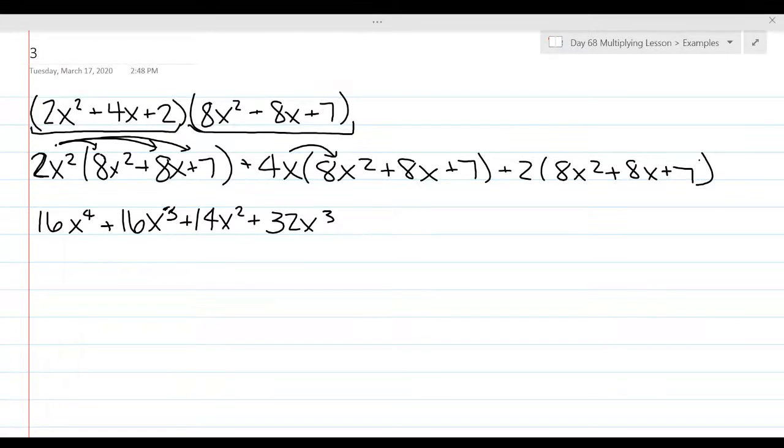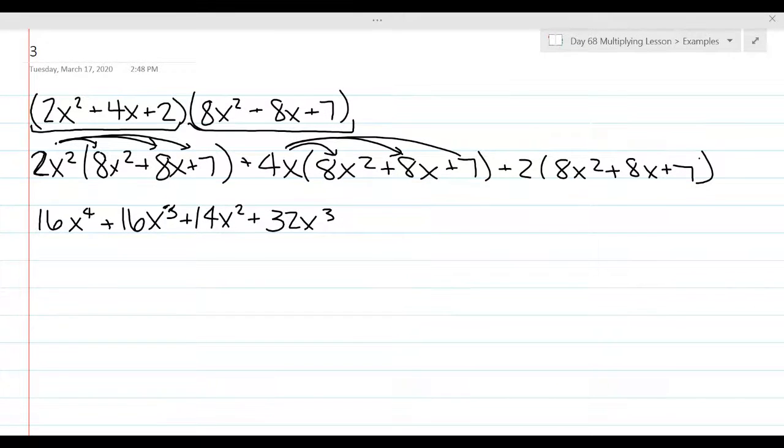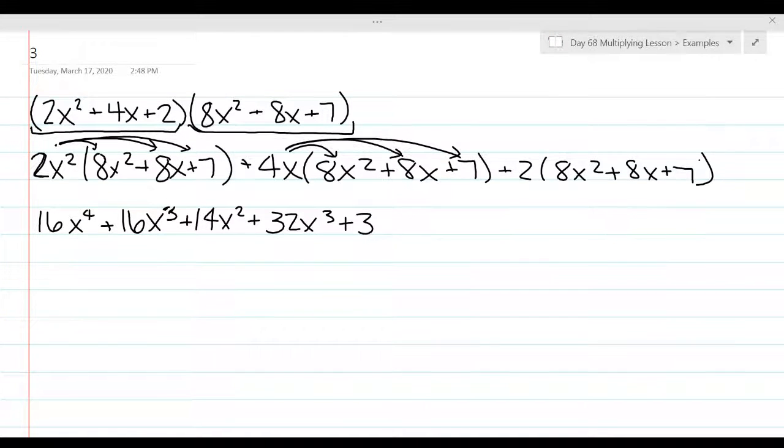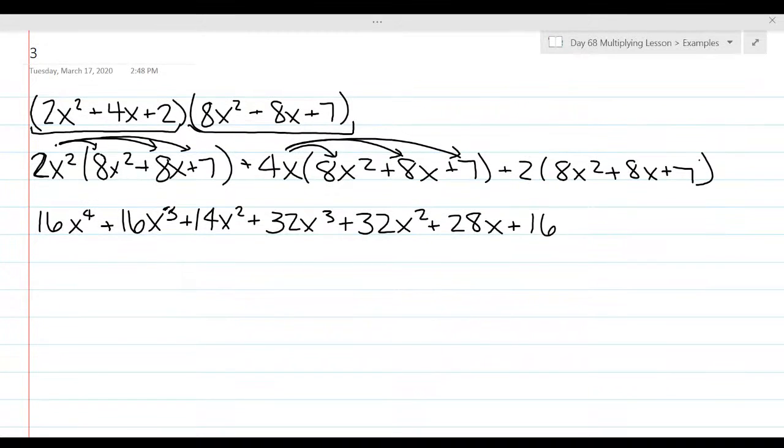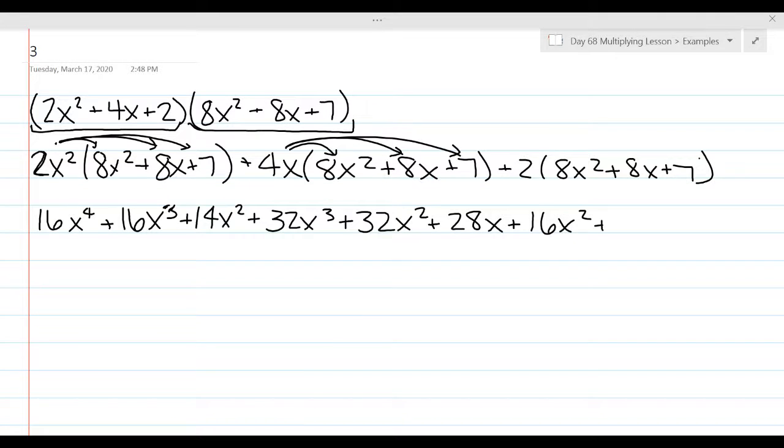Forgot to draw my arrows. Okay. Multiplied by the second one, we get plus 32x squared. The last one is 28x. Then we're going to have plus 16x squared plus 16x plus 14.